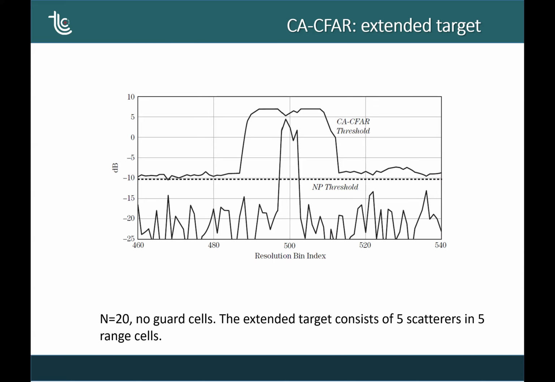And you see that the target occupies 5 range cells around the 500 range bin, okay? So it is not point-like, but it is an extended target. Here, we are not using any guard cells.